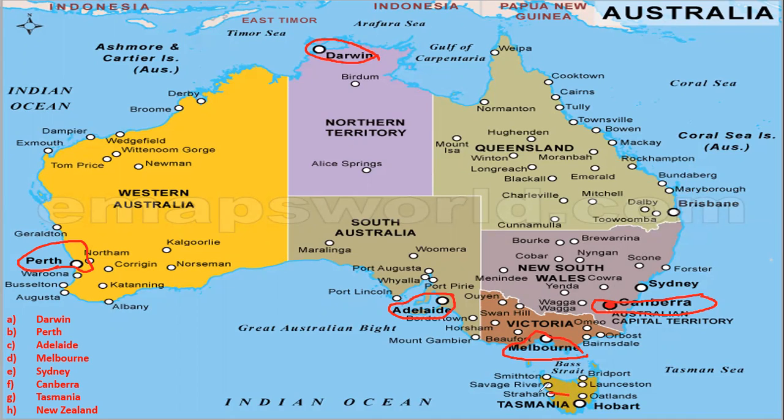This is Tasmania. This place is Tasmania. New Zealand is over here. Brisbane is over here. All right. So this is the Australian map.